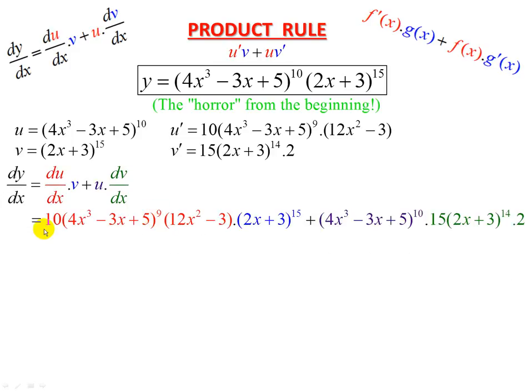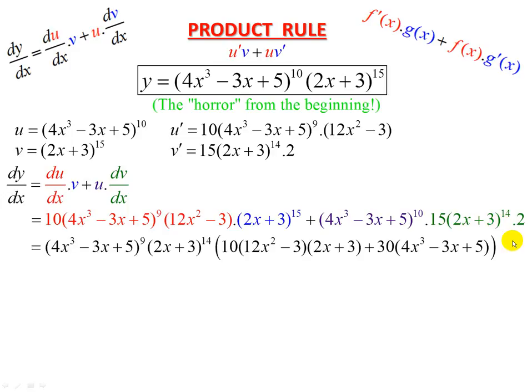This is a common factor there, that to the 9, and that is a common factor to the 14. So I'm going to take them both out, to the 9, to the 14. From this one, I'm left with the 10, the 12x squared minus 3, and I'm left with just 2x plus 3 to the 1, because 2x plus 3 to the 14 has gone out.